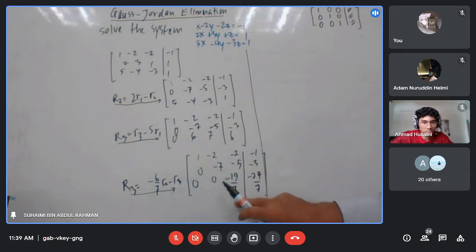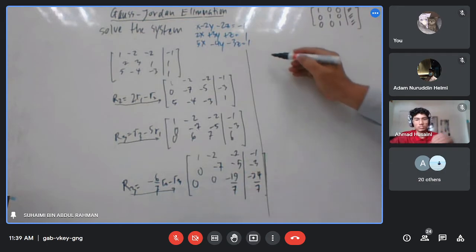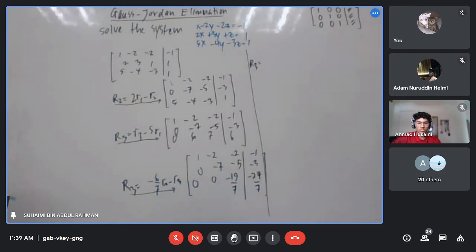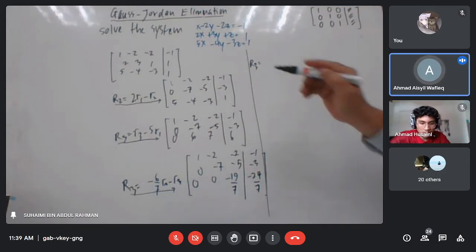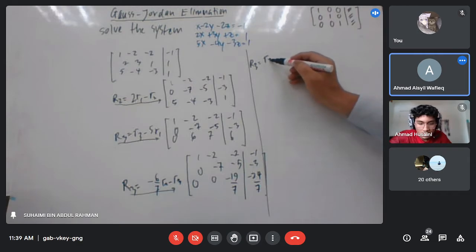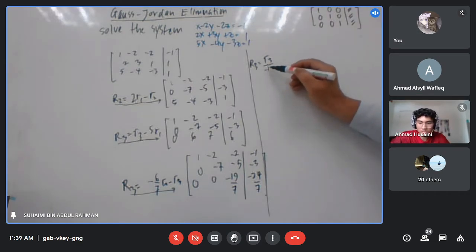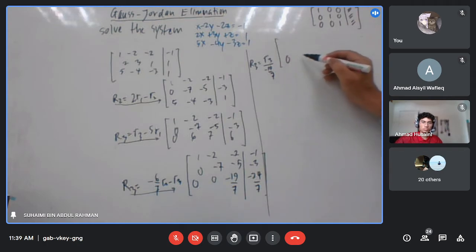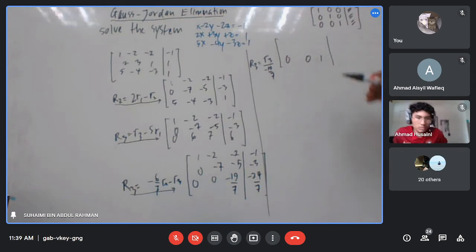Next, we want to make 1 here. So R3 needs to be changed: R3 divided by negative 19 over 7. 0, 0, 1.